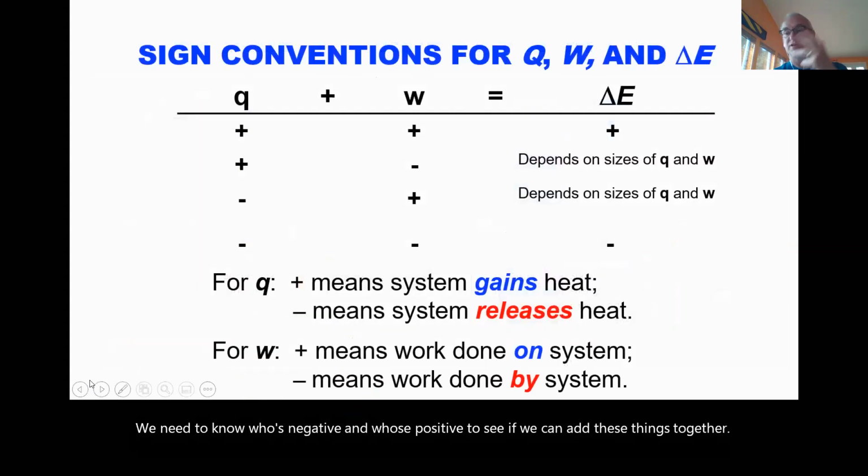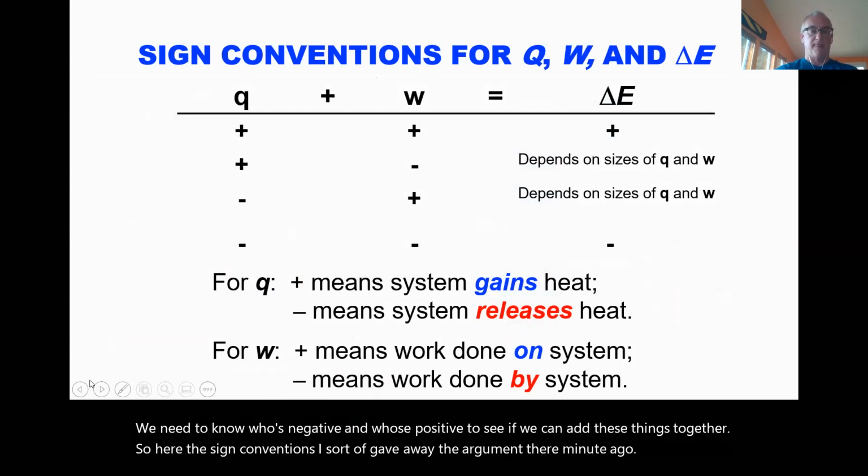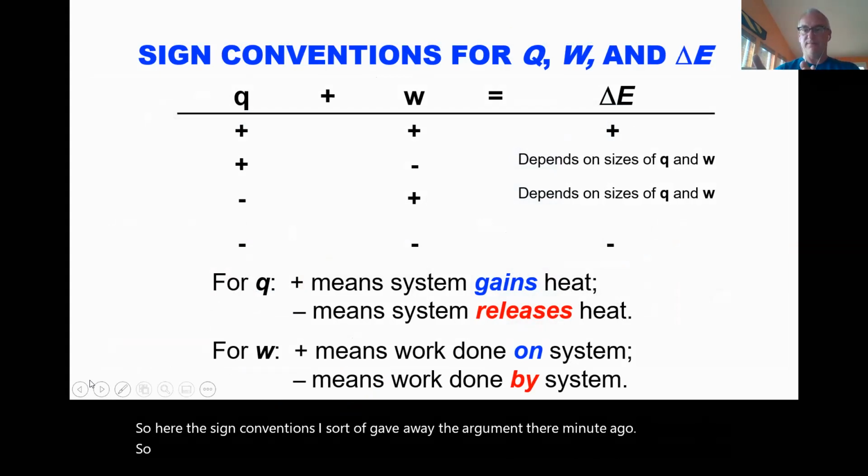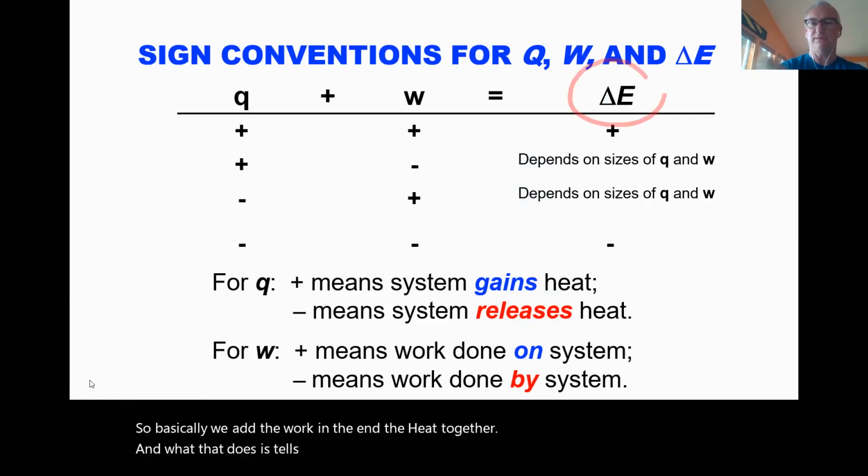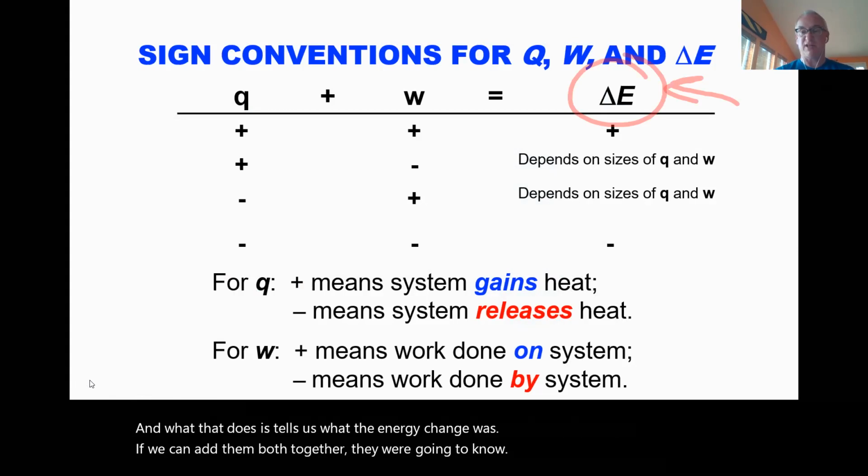So here are the sign conventions. That sort of gave away the argument there a minute ago. So basically, we add the work and the heat together, and what that does is tells us what the energy change was. If we can add them both together, then we're going to know what the change in energy of that system was.